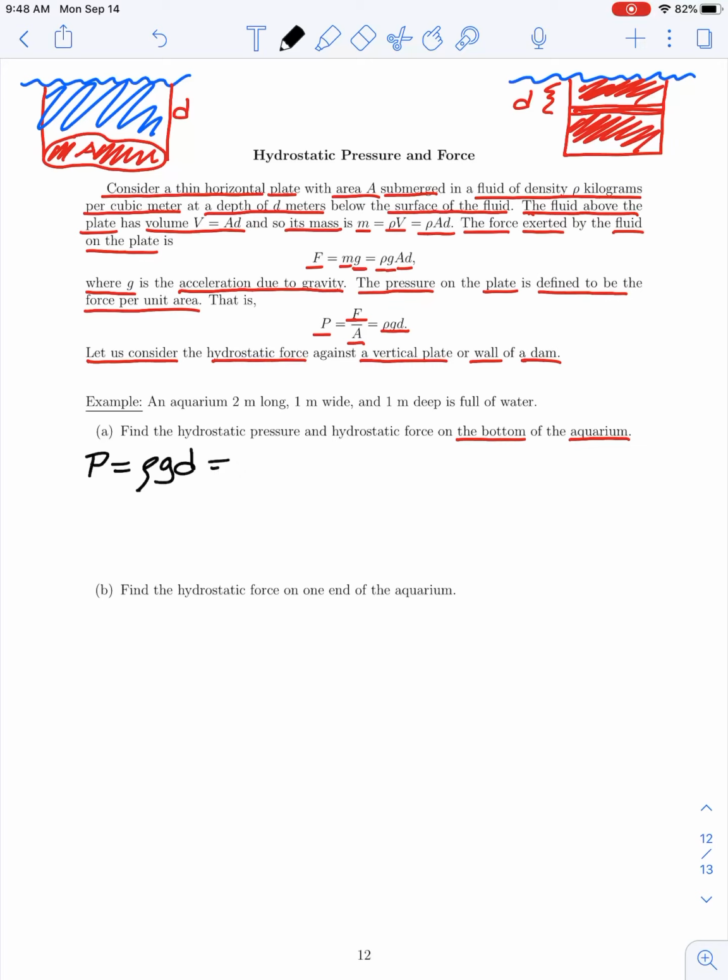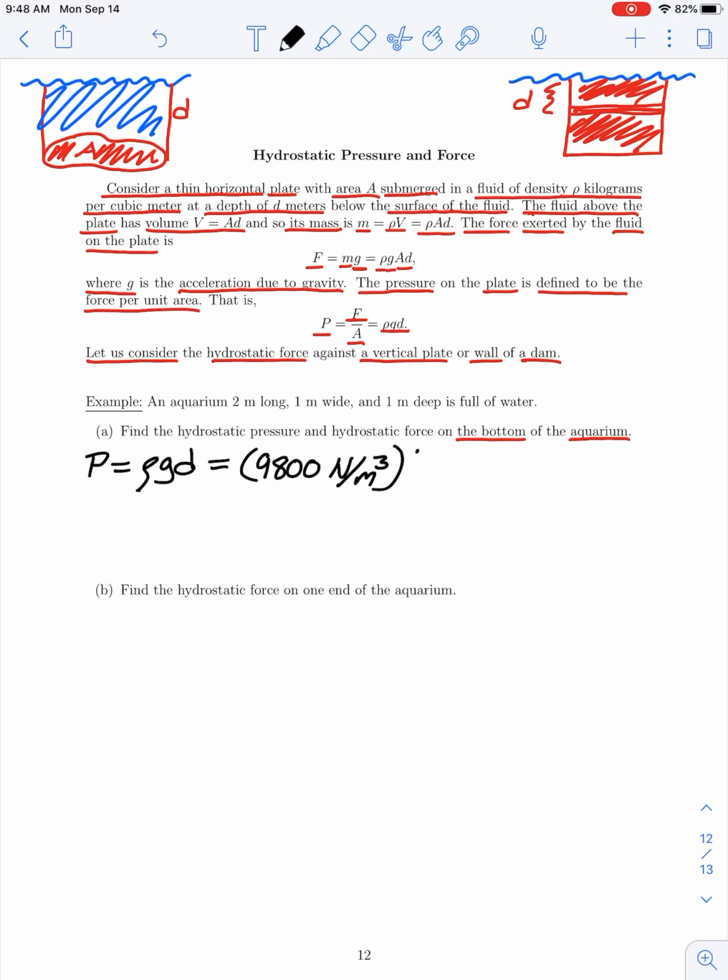Now we know from our work with problems pumping fluid out of some tank that the weight density of water, rho times g, is 9,800 newtons per cubic meter. We're using that 9,800 value since everything was measured in meters here. We're going to use newtons per cubic meter.